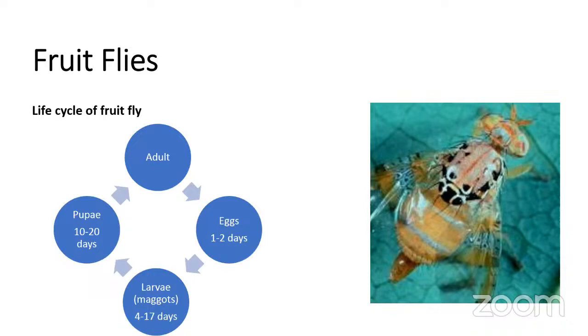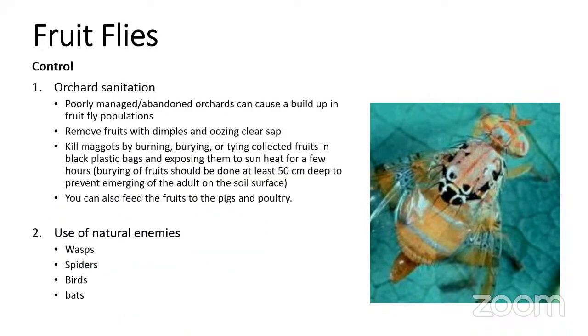Then after 10 to 20 days, it will come out as an adult fruit fly. But the most damaging stage is the larva stage, because the larva stage is spent inside the fruit. So it's the most damaging, and we don't want the fruit fly to lay eggs and proceed into the larva stage.